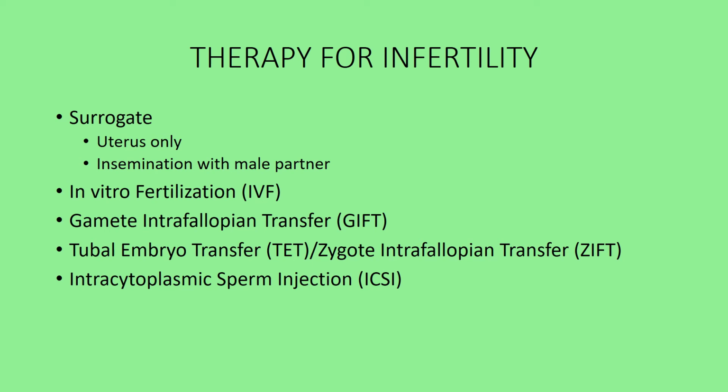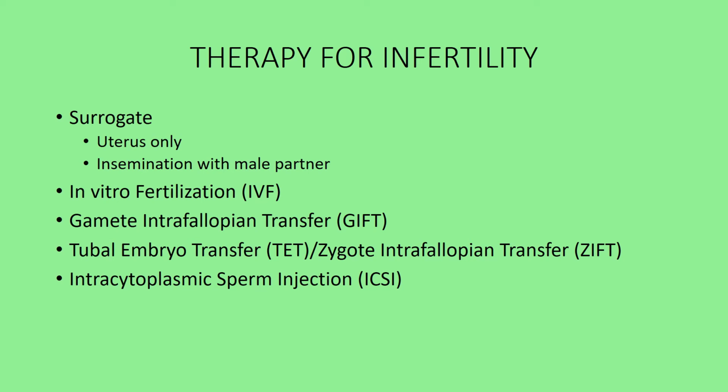Those ova are then injected into the fallopian tube for fertilization. The tubal embryo transfer, also called a zygote intrafallopian transfer, is very similar to IVF, except that the ova are transferred into the fallopian tube as soon as fertilization happens.